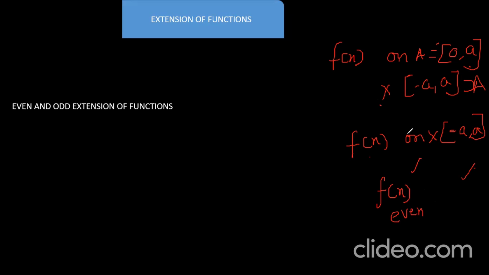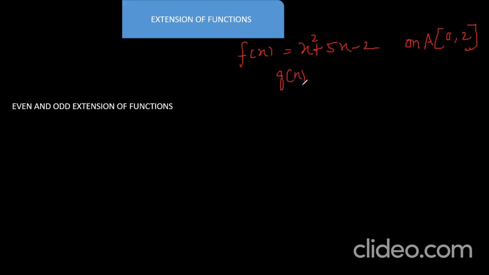Yes, very good. Let us take one example. Let me take f of x equal to x square plus 5x minus 2. This is my question. This is going to be defined on the closed interval 0 comma 2. Then I want to find g of x.